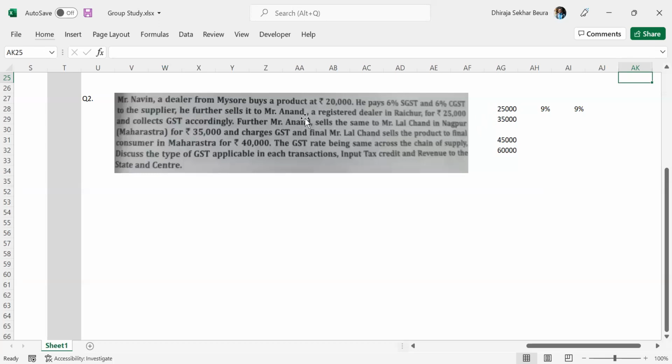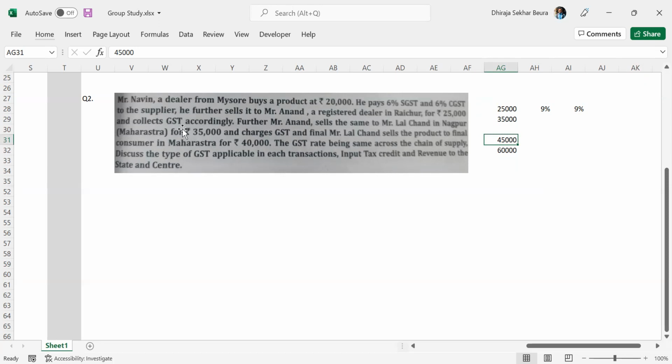So Mr. Naveen buys a product at 25,000. Our GST rates are 9% and 9%. Mr. Naveen sells it to Mr. Anand for 35,000. Then Mr. Anand sells the same to Mr. Lalchand in Nagpur, Maharashtra for 45,000.